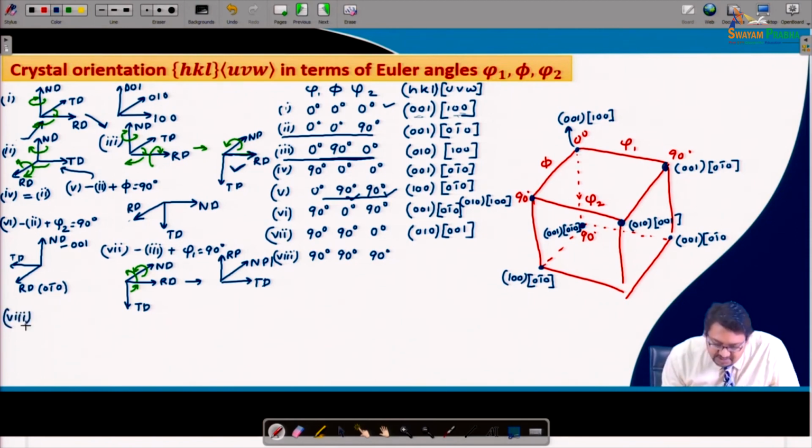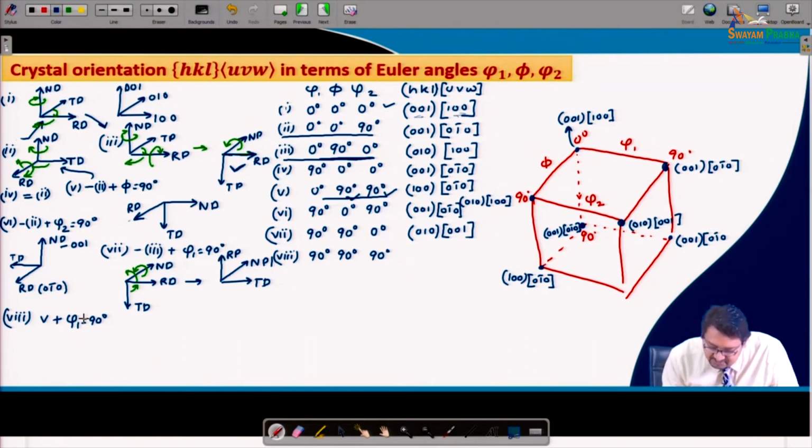That is basically the rotation that we give in the fifth one, that is the rotation of phi 2 by 90 and then phi by 90 using the opposite of the right hand thumb rule, plus we have to give phi 1 equal to 90 along ND, right. That is an ND rotation using the opposite of the right hand thumb rule.